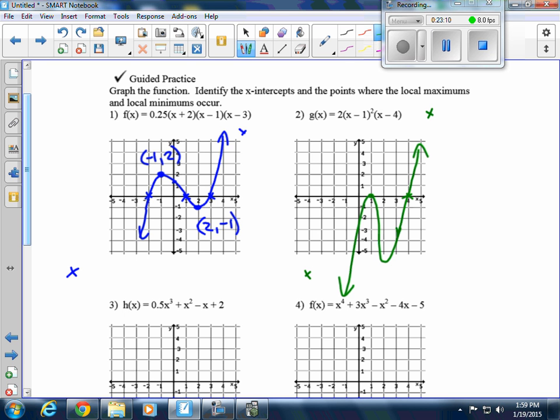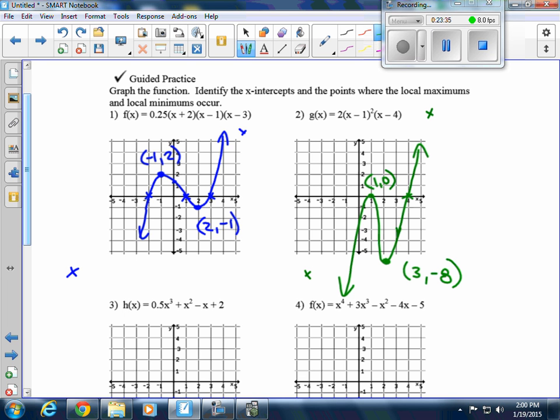Well, the local maximum is, again, right here at the vertex. And we don't know what the local minimum is. You type this in your graphing calculator, you plug it in, and you're going to find that the local minimum here is going to be 3, negative 8.